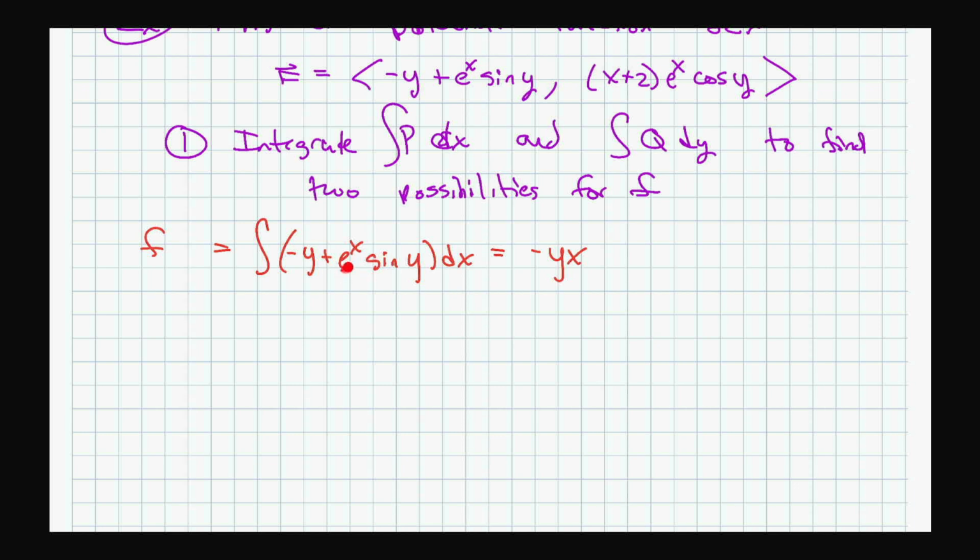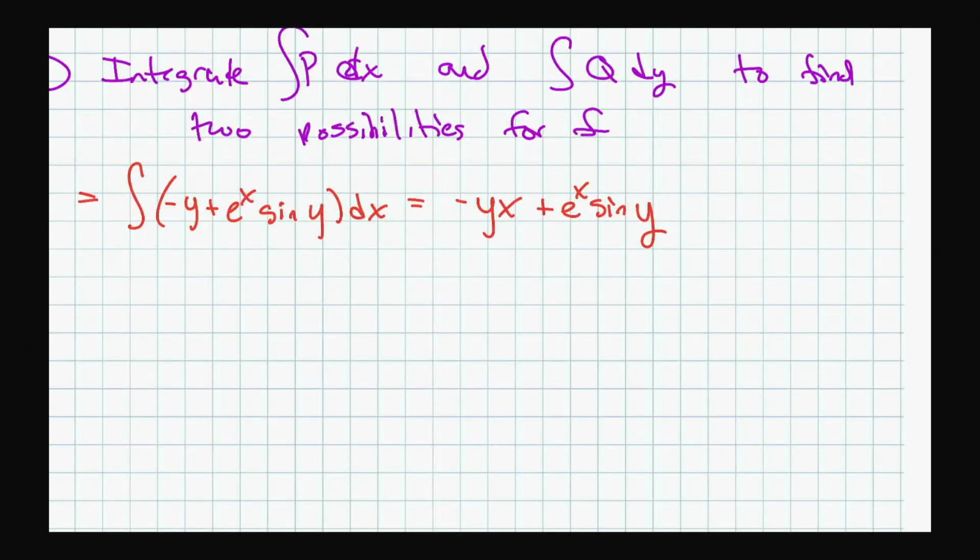On the second term, e to the x sine y, the antiderivative of e to the x is e to the x, so we get plus e to the x sine y. And there's my antiderivative. But then you add this extra constant, and that constant can have any amount of y's in it, because anything that just had a y in it would just disappear if you took the derivative of this with respect to x, which is why you don't see it here.